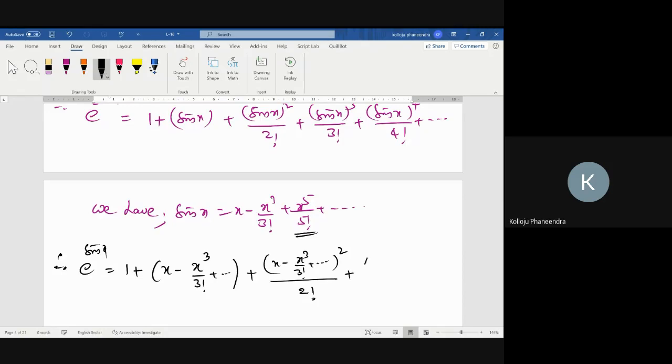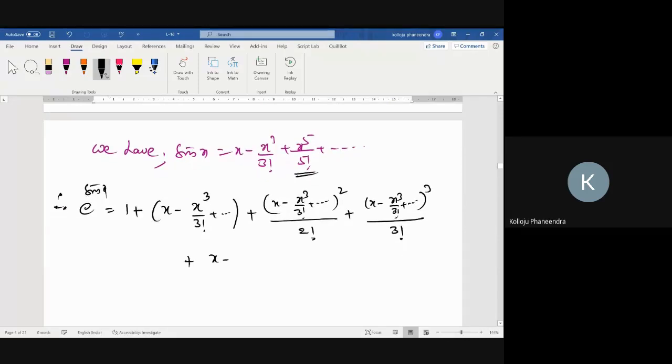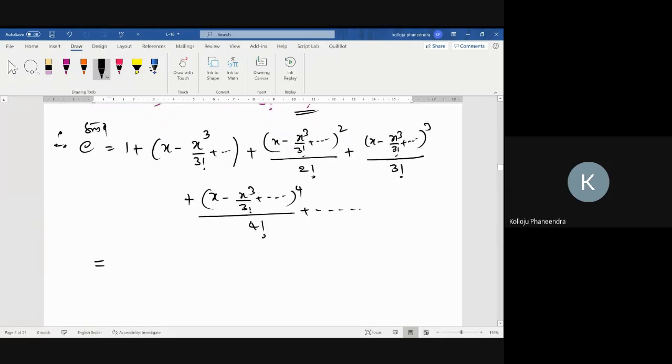And next, x minus x cube by 3 factorial whole cube by 3 factorial, plus the last one, x minus x cube by 3 factorial whole power 4 by 4 factorial and so on. Okay, see this technique, without calculating any derivative, this expansion, second case.